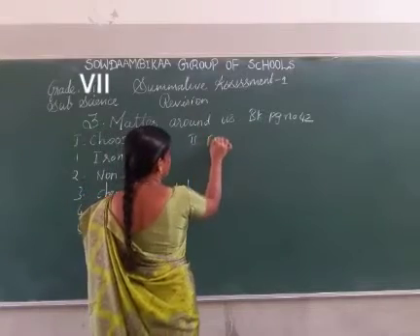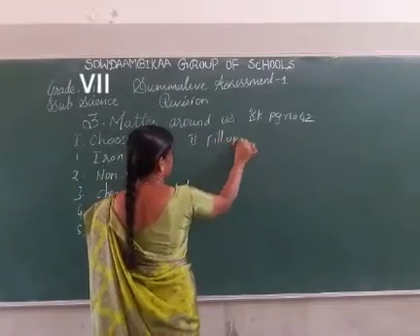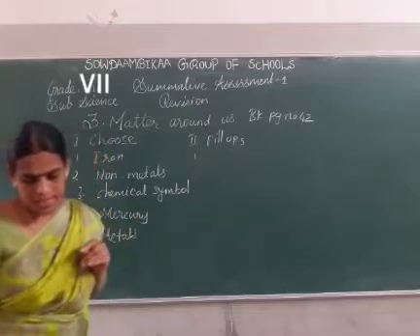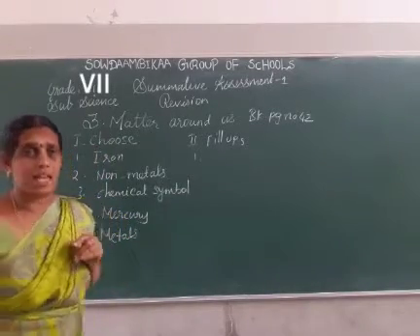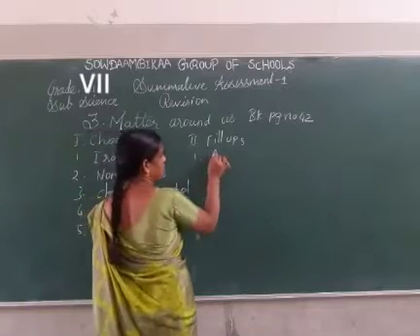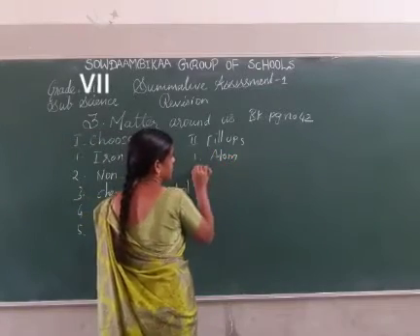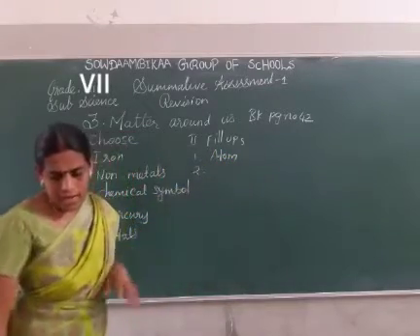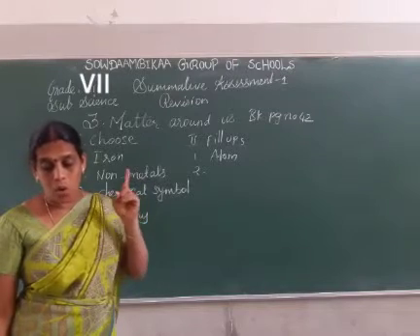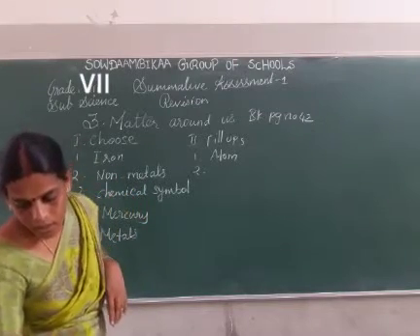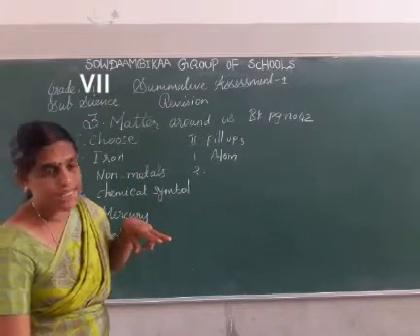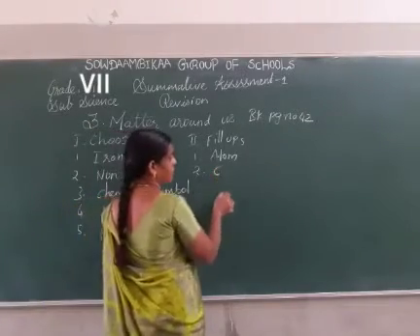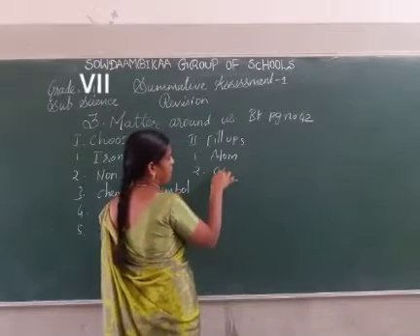Roman letter 2, fillers. Yes, the first question: the smallest particle of matter that can exist by itself. Atom. The second one, the compound containing one atom of carbon and two atoms of oxygen.